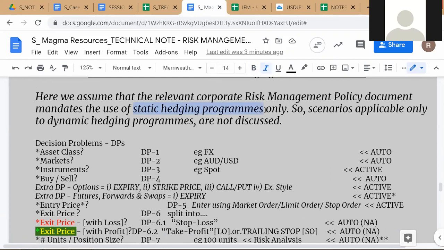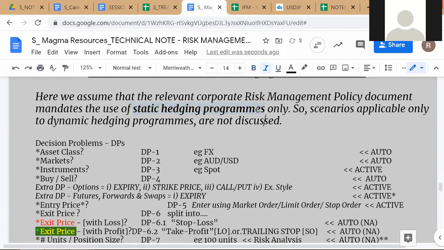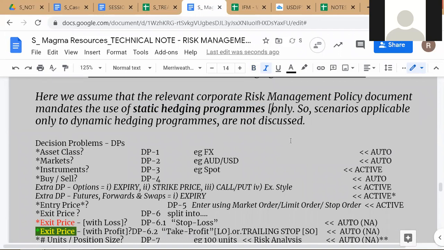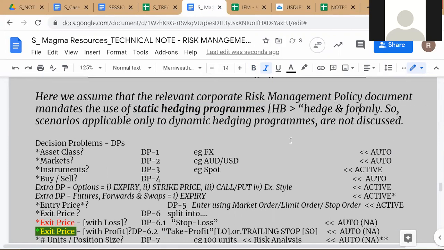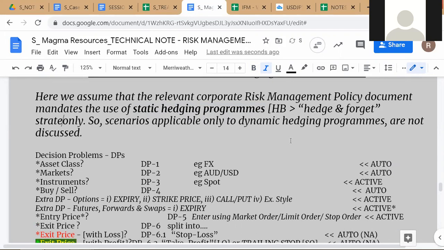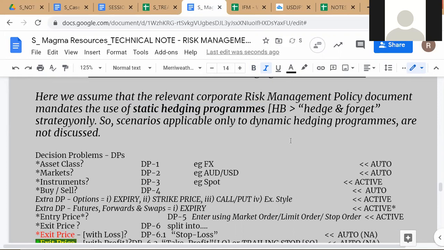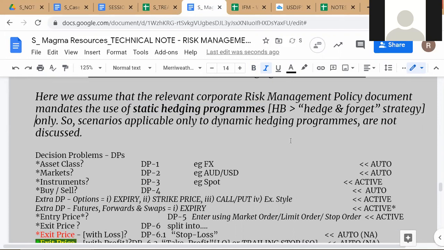So a static hedging program means essentially what Hull Basu referred to as hedge and forget strategies. If you refer to the parts of the text that I have referred you to, hedge and forget strategy means once you hedge it, you don't touch it. You don't hedge and unhedge and hedge again and all that.